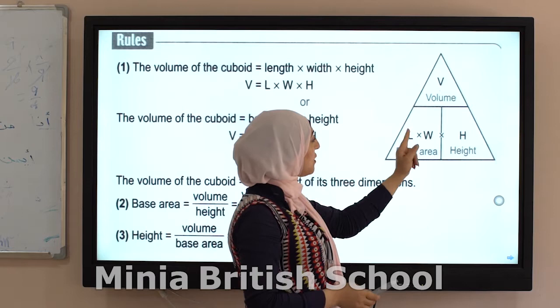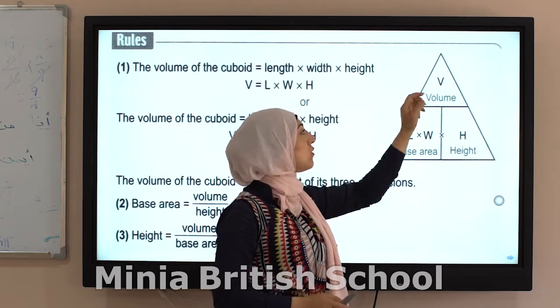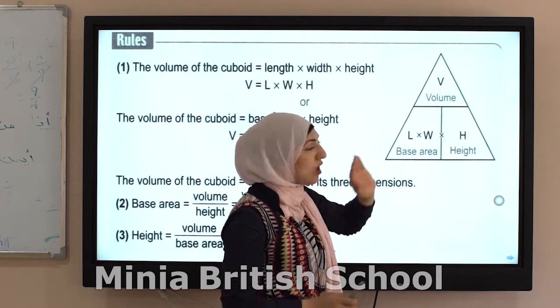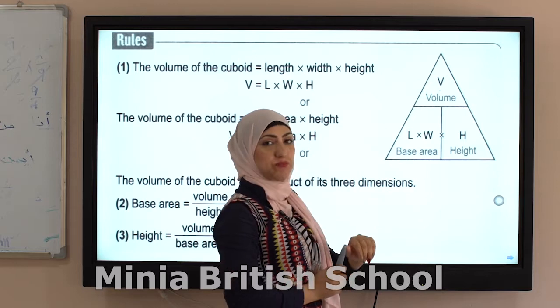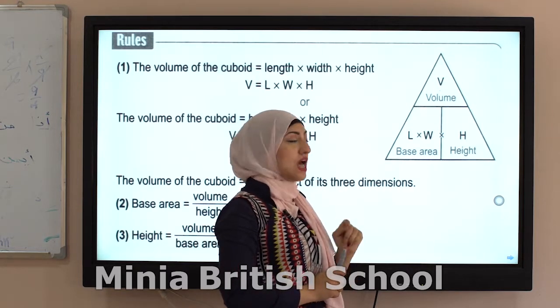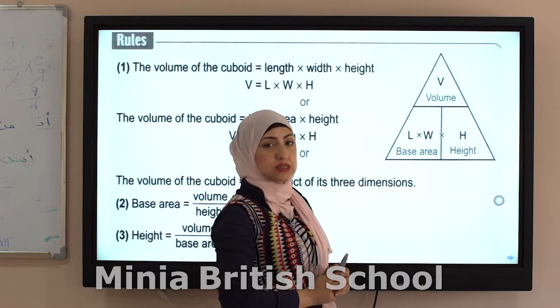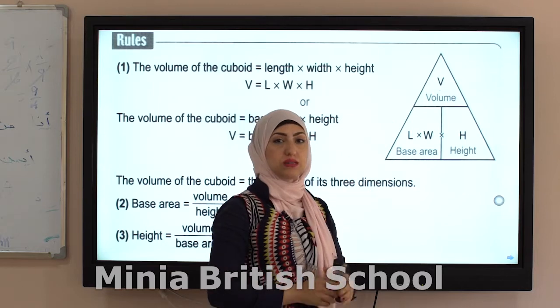If he asks about the area, it means volume over height. If he asks about the width, it means volume over length times height. If he asks about the length, it means volume over width times height.